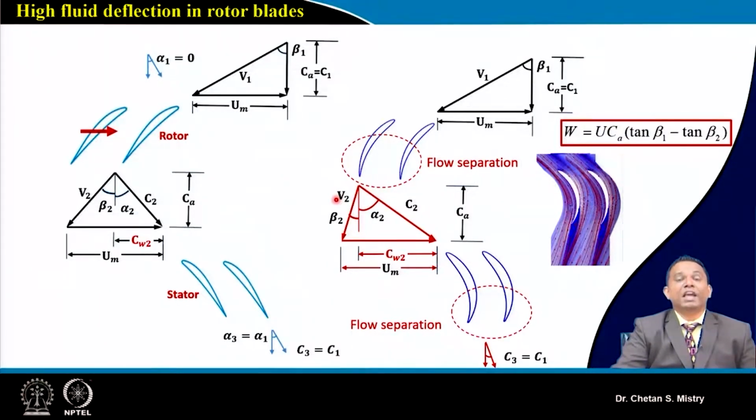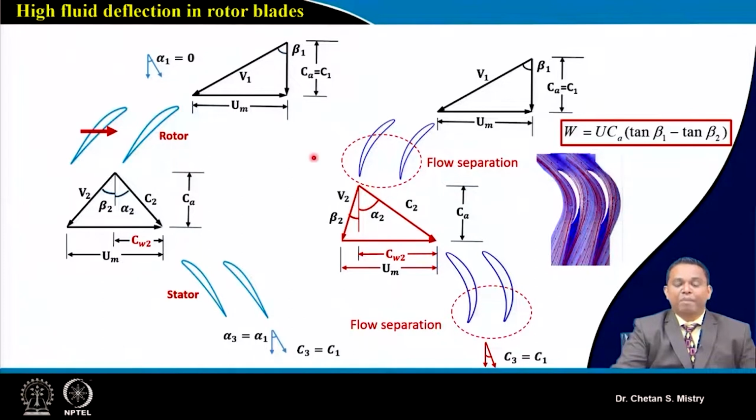Managed in the sense that at the exit my relative velocity component needs to be lower. In order to achieve that, we need to have a highly cambered blade. So here, these blades have higher camber compared to what we had earlier.